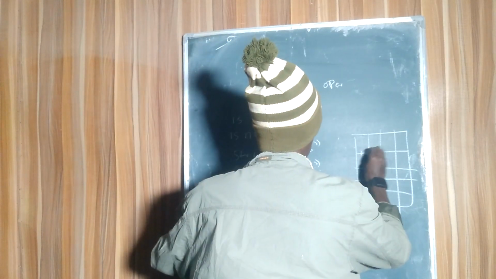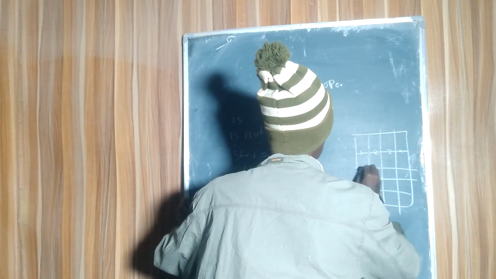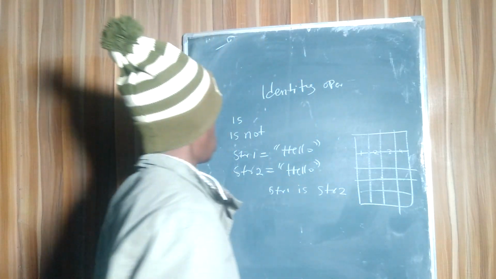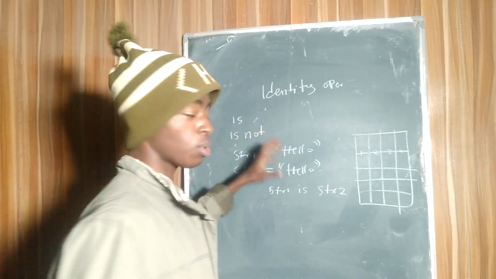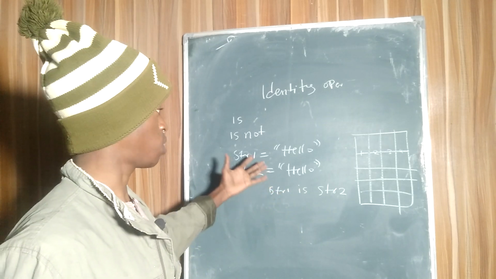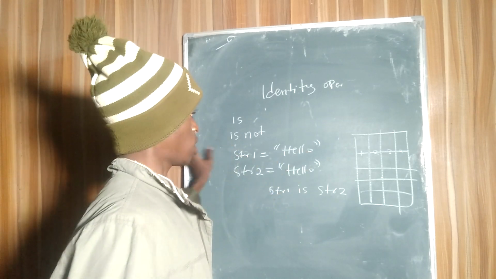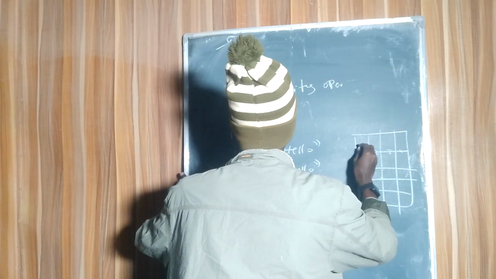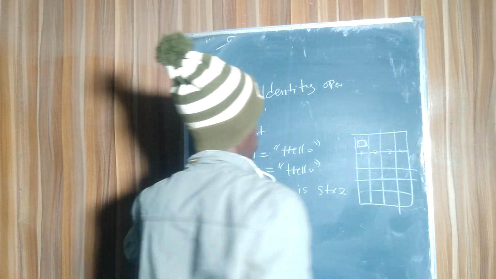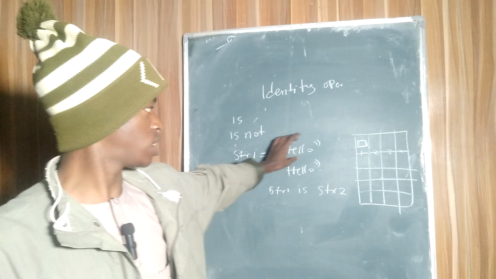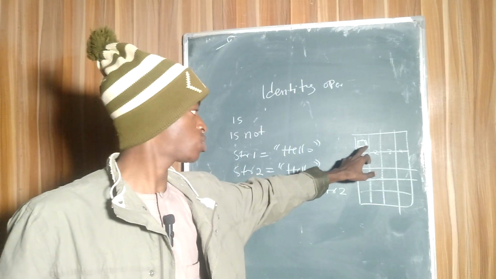So we can say we have 1, 2, 3, 4, all the way to the end. When we create string1, our Python program allocates a memory space for this variable, and then it stores hello inside. Let's say the object is stored here.